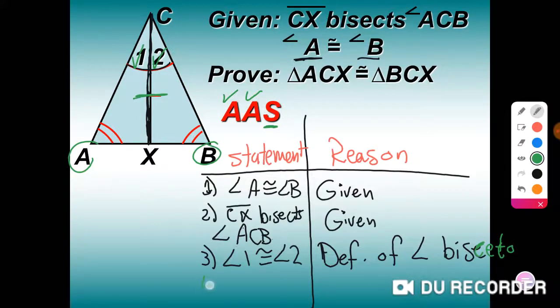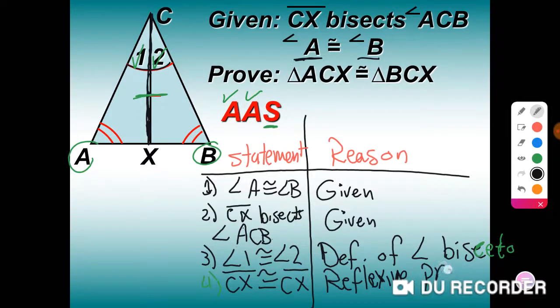And step number 4 is CX is congruent to itself, which is CX. And the reason, because of reflexive property. Okay?